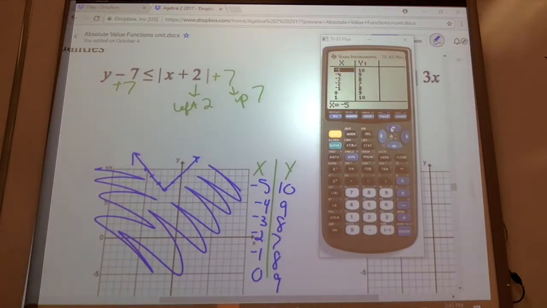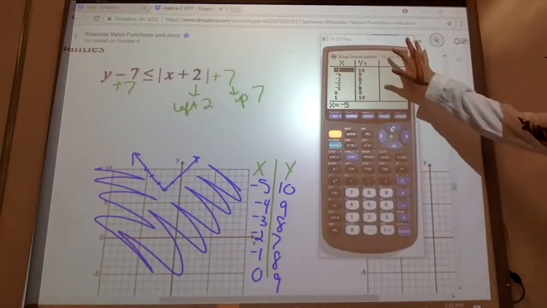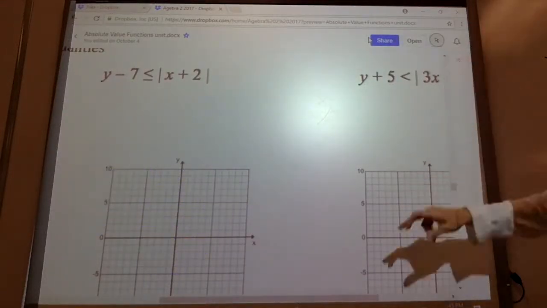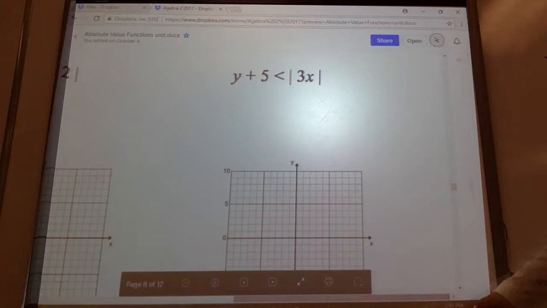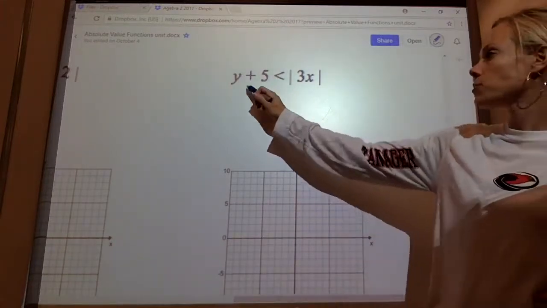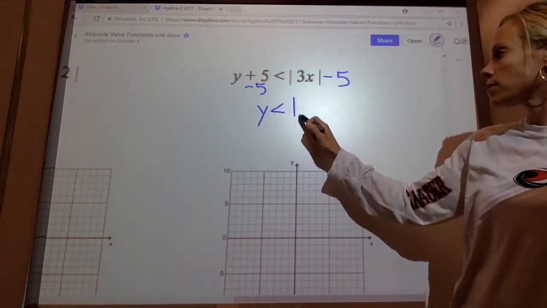We'll do one more together. Again, I would have to get y by itself, so this one would be subtracting 5. So I have this.